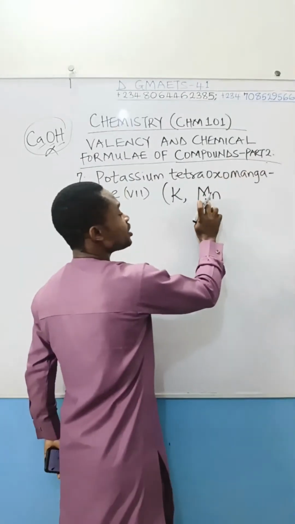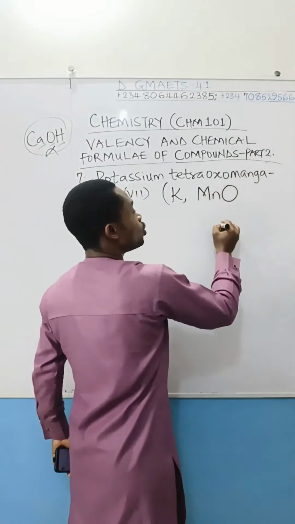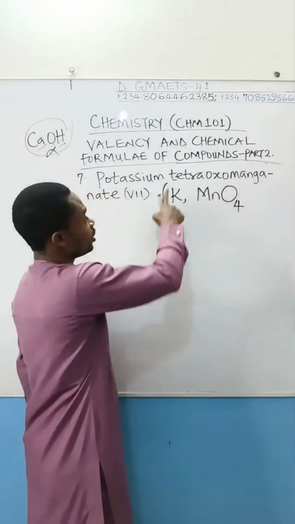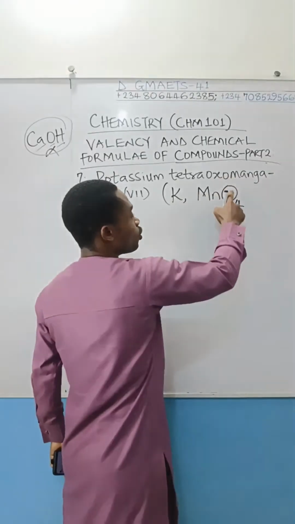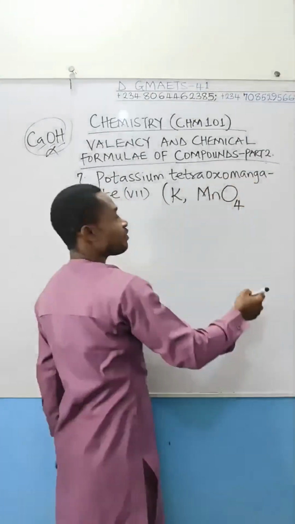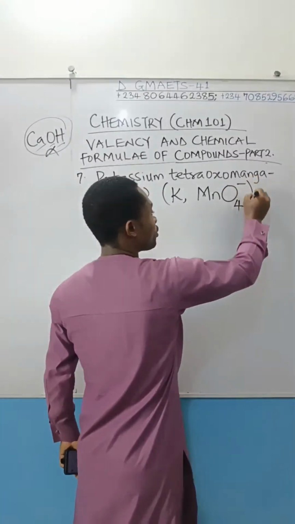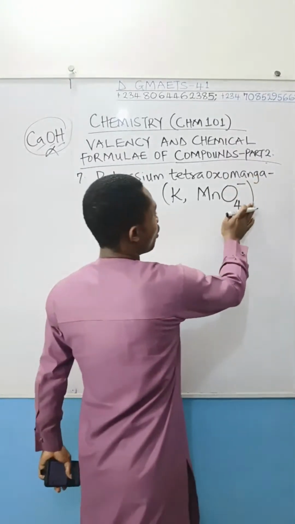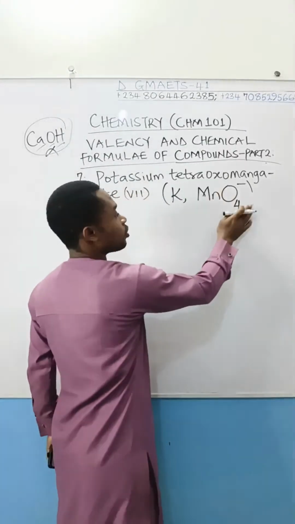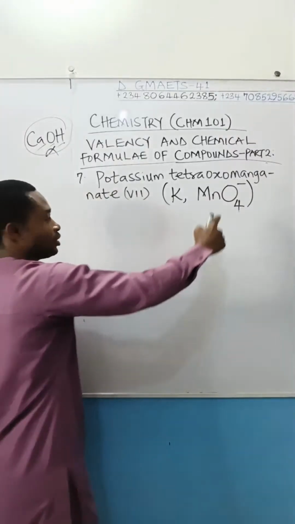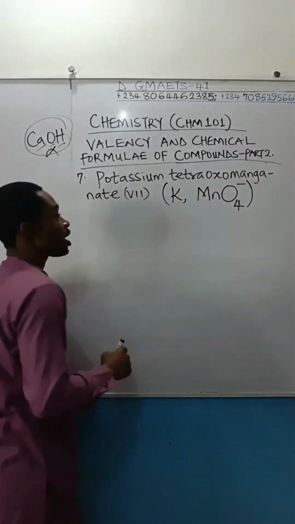So this Mn is combined with oxygen, tetra, 4 of them. Are you following? Tetraoxo, then manganate 7. The valency of this MnO4, the tetraoxomanganate, is what? -1, like I said.